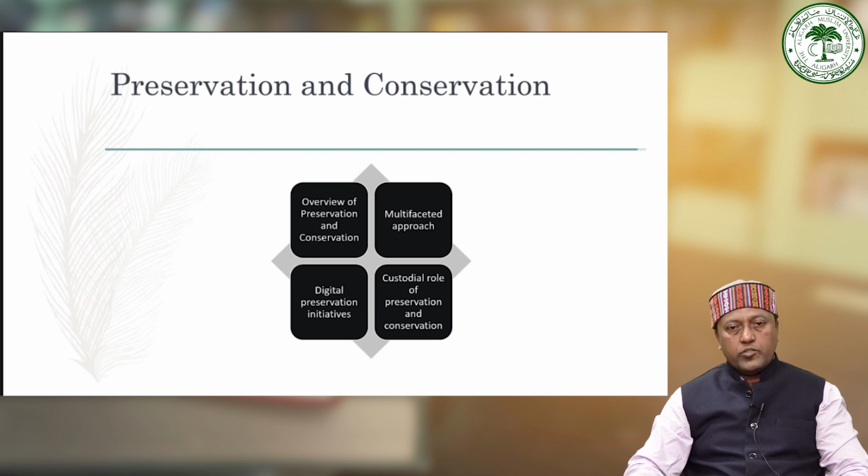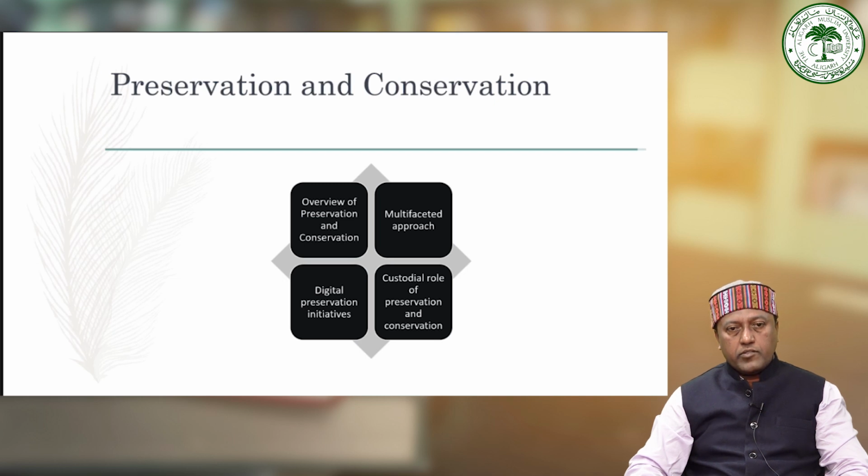From the fragile pages of ancient manuscripts to the delicate bindings of centuries-old books, every artifact holds a story waiting to be preserved and shared. So preservation and conservation efforts encompass a multifaceted approach including environmental controls, careful handling, meticulous cleaning and strategic repair.